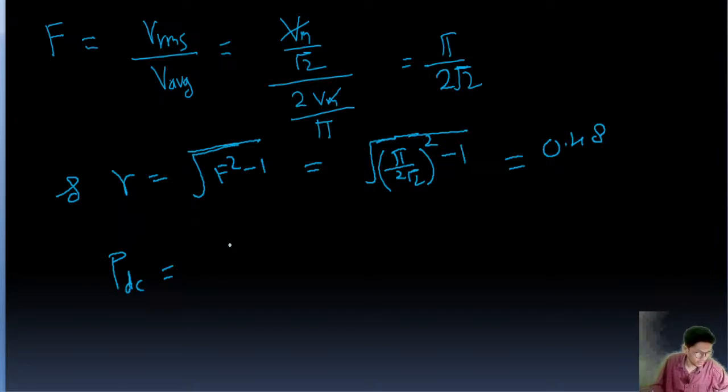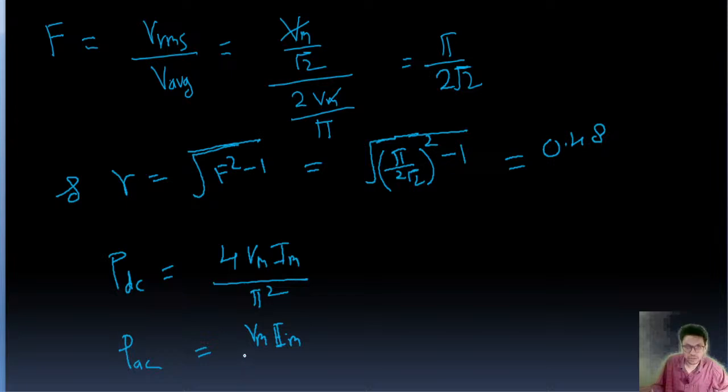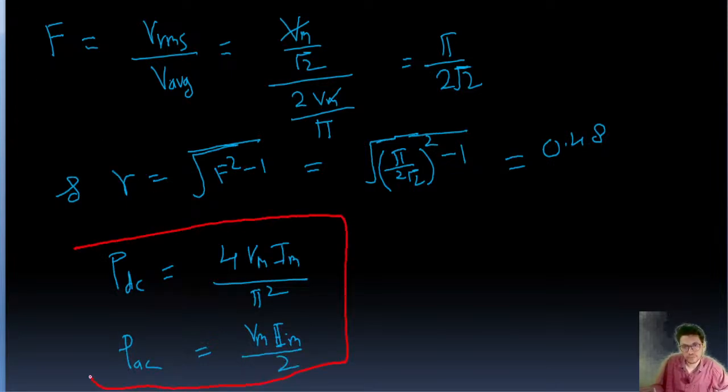This is going to be 4VmIm upon pi square, and PAC is going to be VmIm by 2.